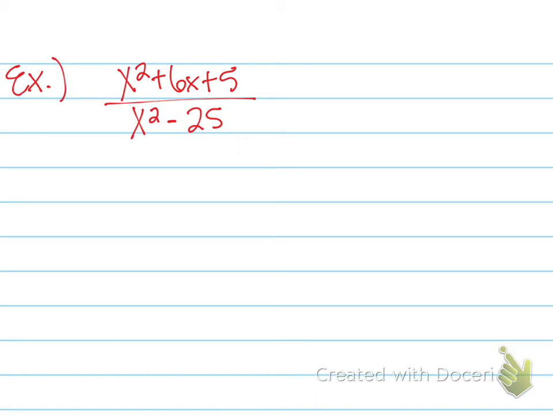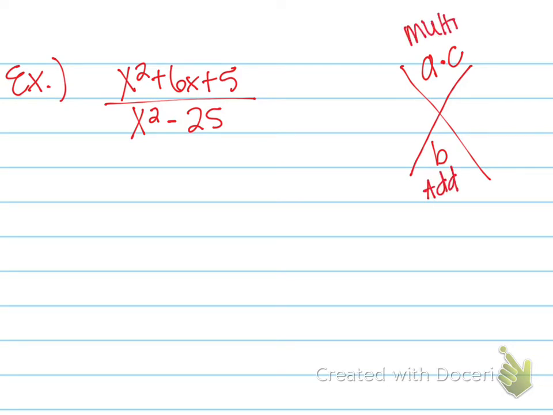So, the easiest thing that we can do is use this big X that we learned a few weeks ago. Okay? Now, be sure you write this down. So remember, B goes in the bottom, A times C up top. We add to get the bottom, but we multiply to get the top.